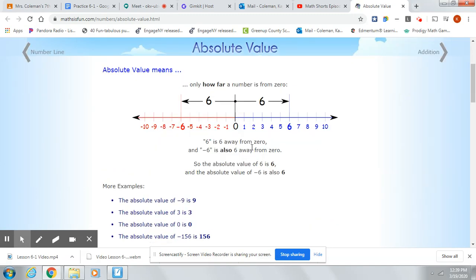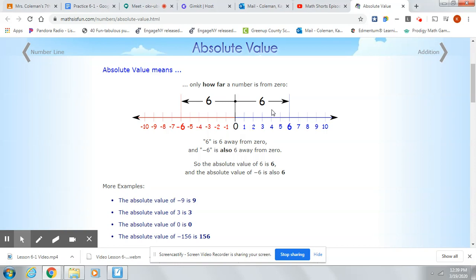So, absolute value is how many steps away from 0 a number is. So, if you're finding the absolute value of +6, you would have to find +6 on the number line and think, how many spaces away from 0 is +6?